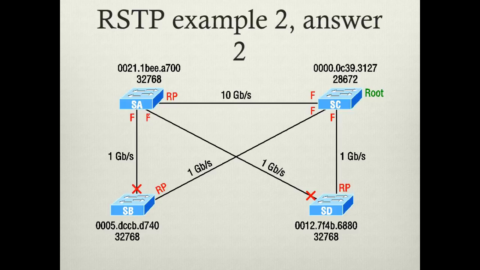But what is the best path to these things? We got the root. This one's going to be blocked because it obviously has a higher cost. And for the 10 gig, 1 gig, again for the cost, the 1 to 2, or the 4, and the 4, and the 4.